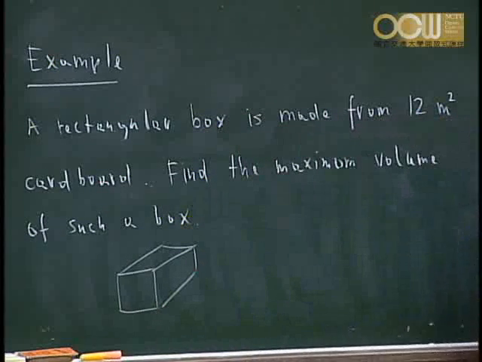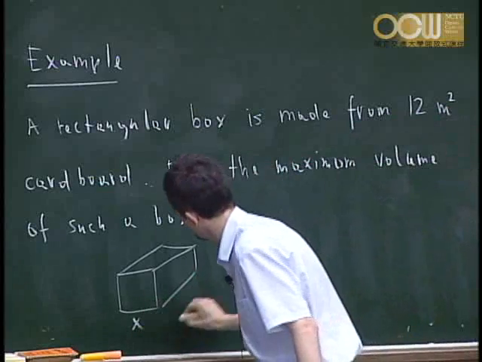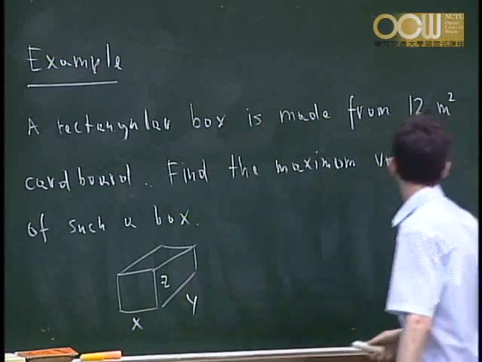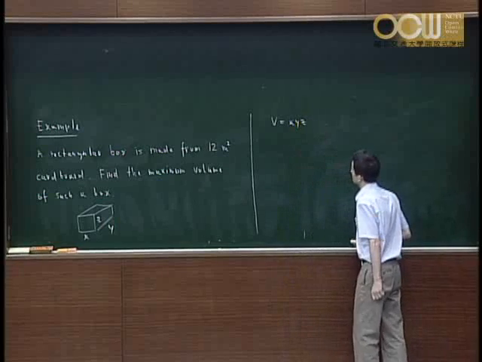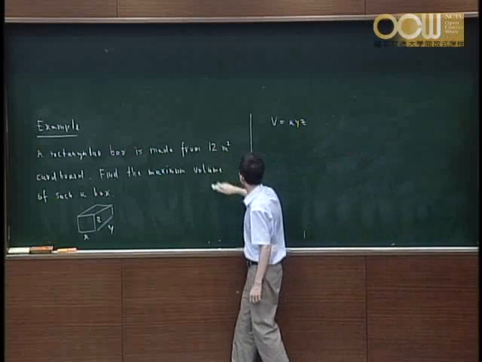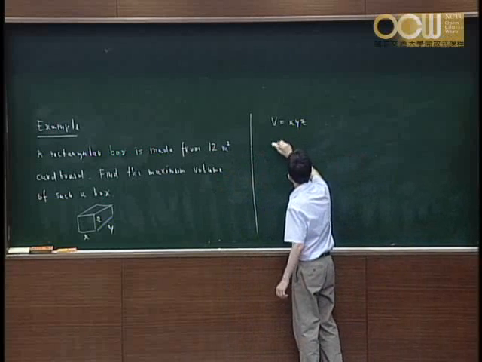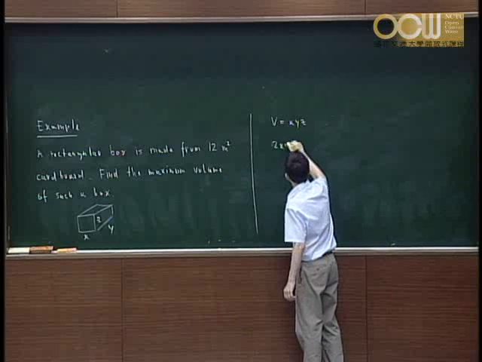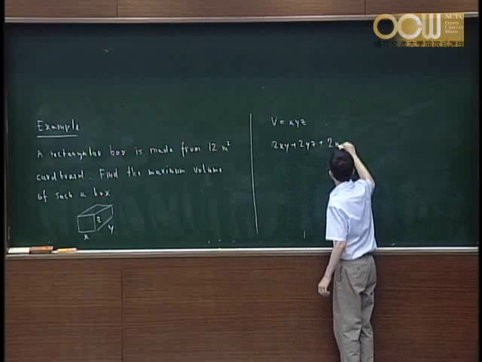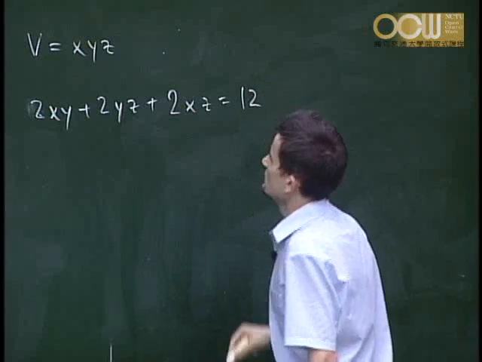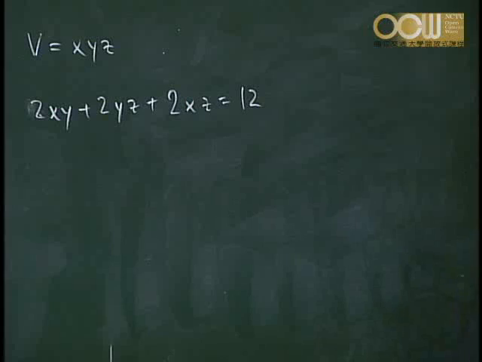If this is x here, this is y, and this is z, then the volume is x times y times z. And from the surface area condition we get 2 times x times y plus 2 times y times z plus 2 times x times z must be equal to 12.